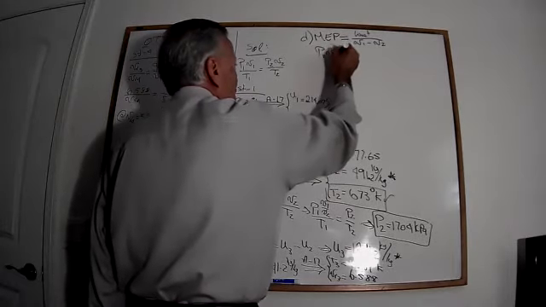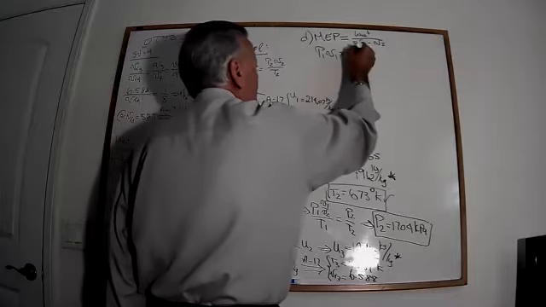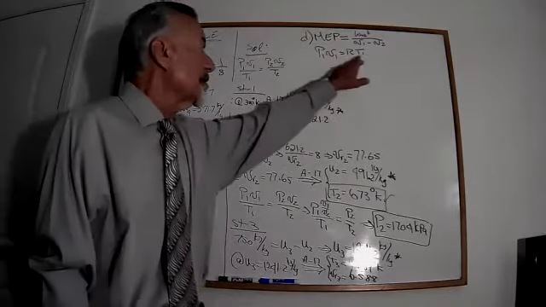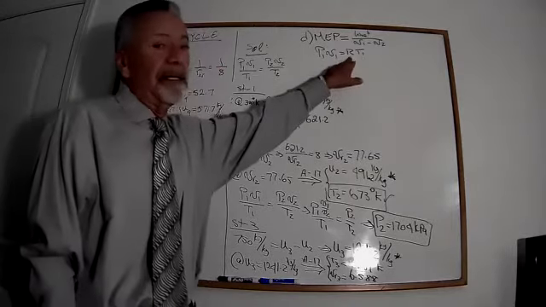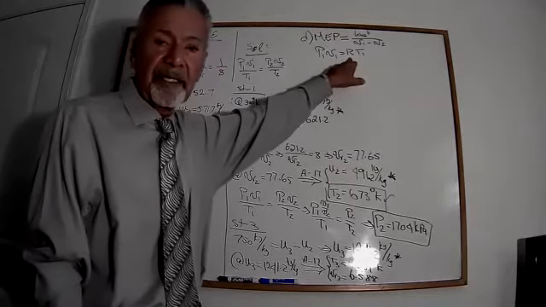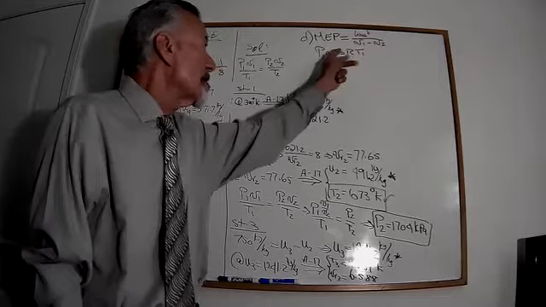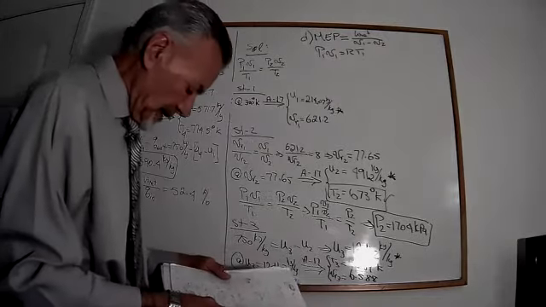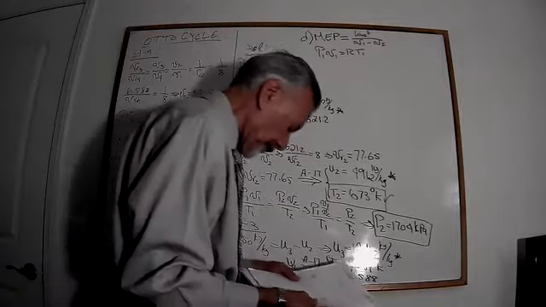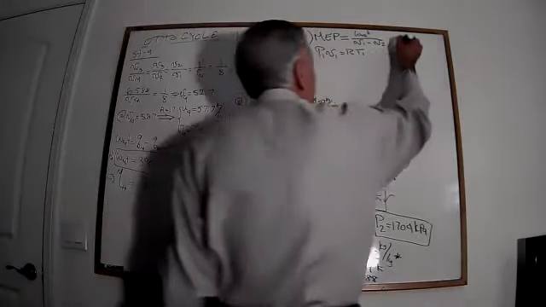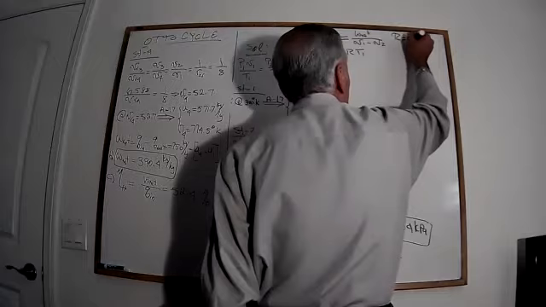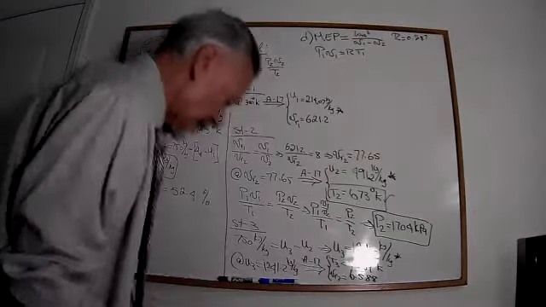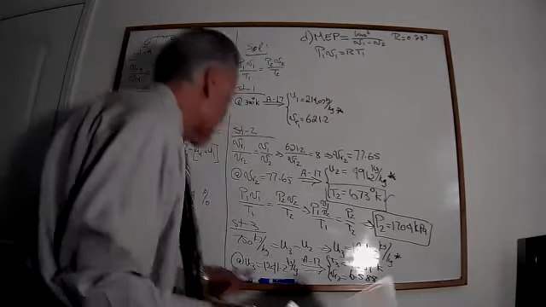P1 V1 is equal to R T1. P1 is given, T1 is given, R is the gas constant that I can find from the air table. What's unknown here? Just V1. By the way, the value of R is 0.287 kilojoule per kilogram per degree Kelvin.